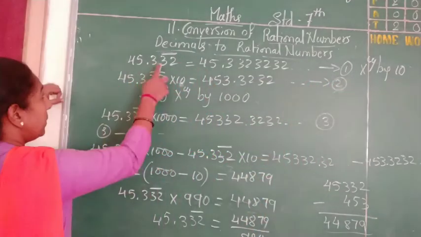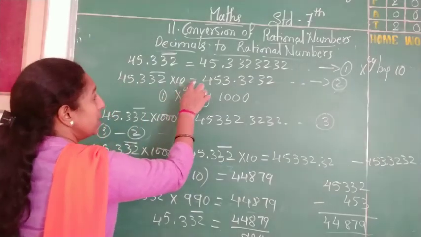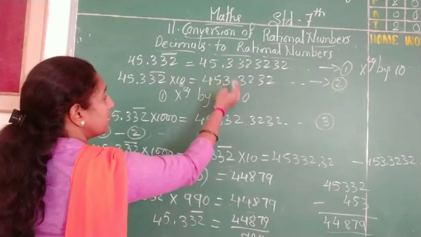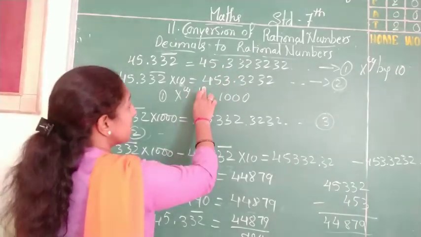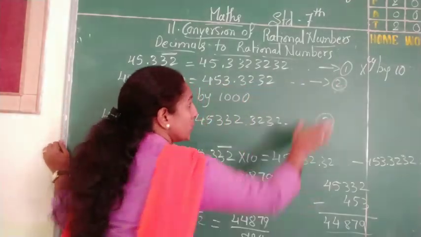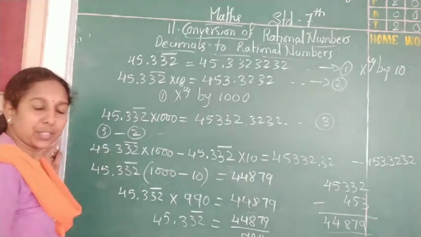After multiplying by 10, the 3 shifts to before the decimal, and 453.323232 will come. I consider this the second equation.